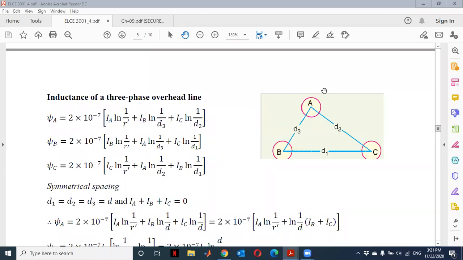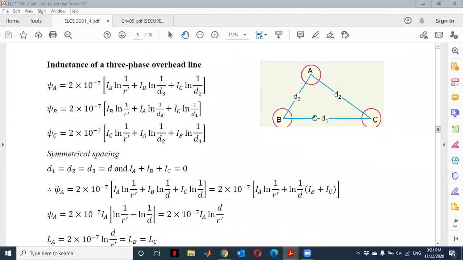This means whenever you have a symmetrical three-phase system, the current of conductor A plus the current of conductor C plus the current of conductor B equals 0. So here D1 equals D2 equals D3.